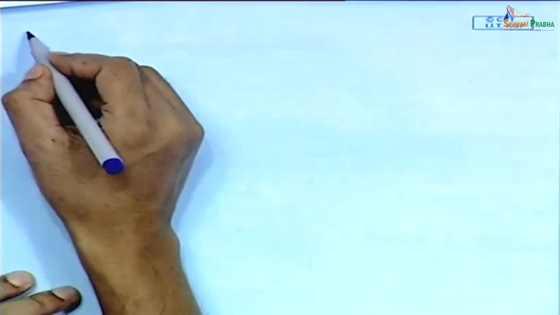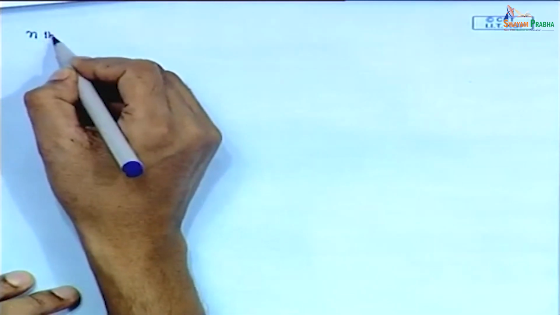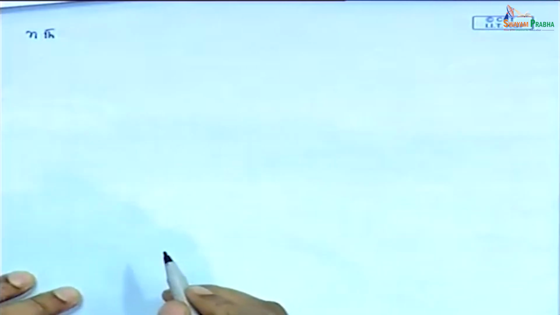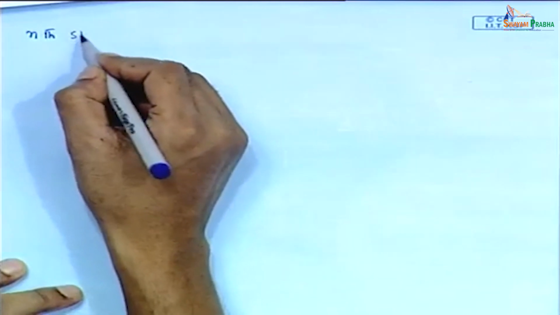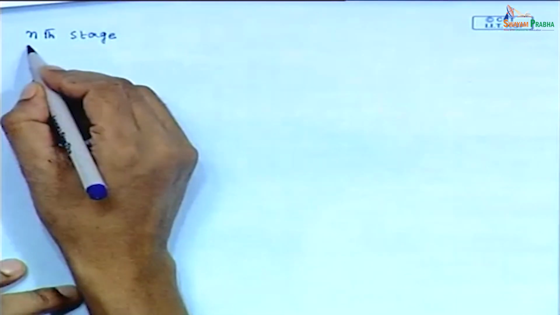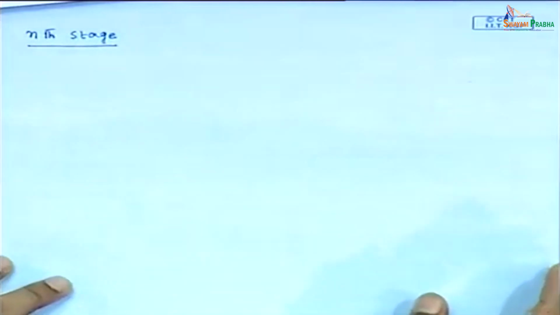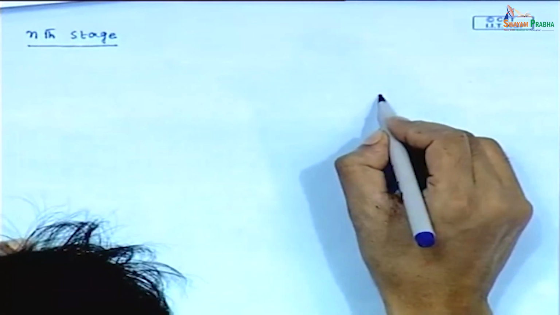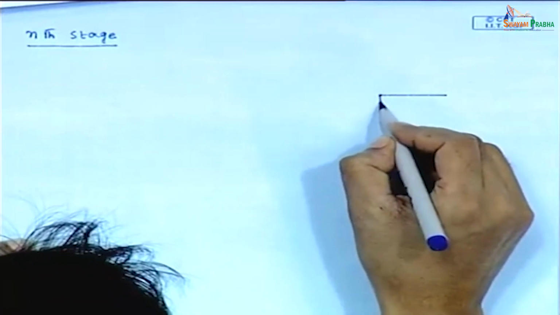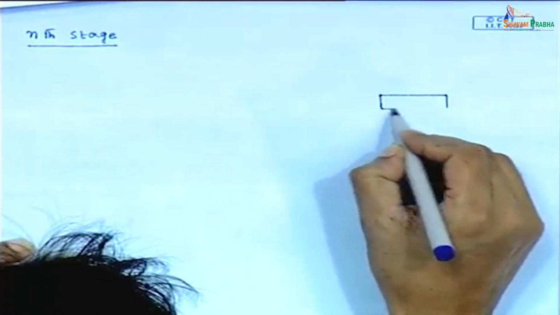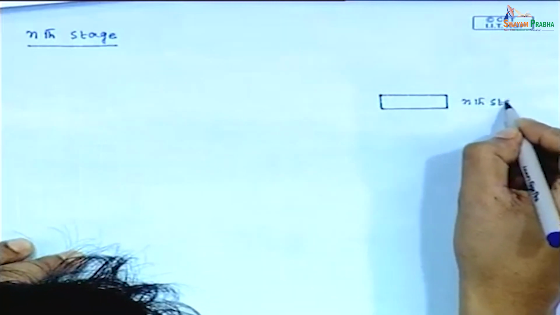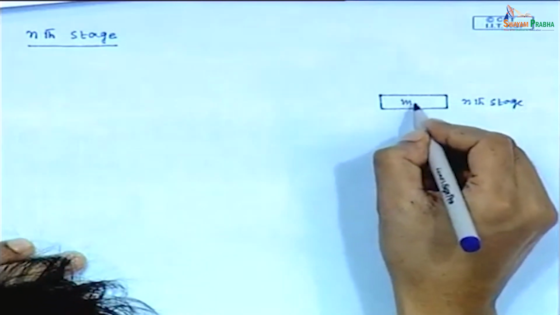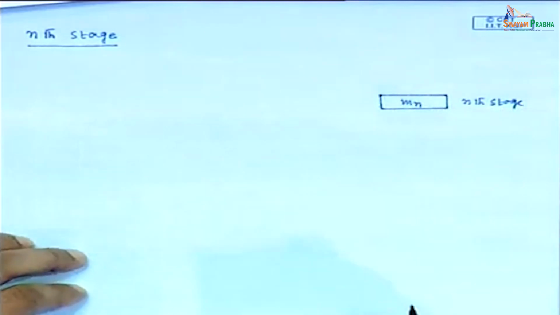Next we will consider the third envelope, that is any tray. We will represent any tray by the nth tray, so nth stage. Now, this is the schematic of the nth stage. The hold up is M suffix n.